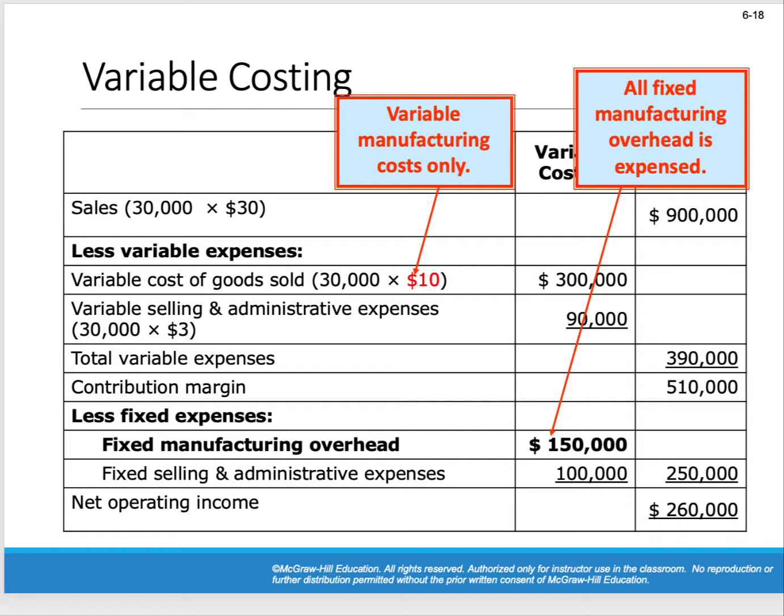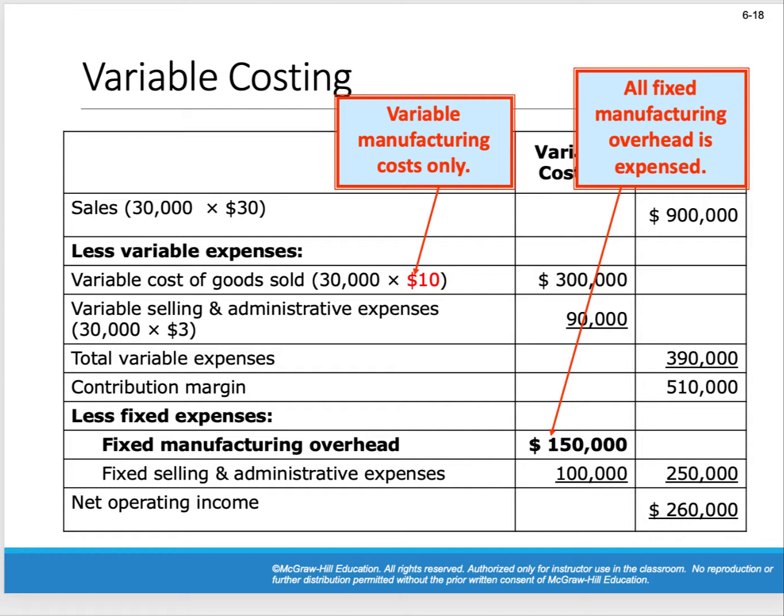We get 300,000. Now we're doing the contribution formatted income statement, so we have to include the variable selling and administrative expenses, which are 90,000. We end up with total variable expenses of 390,000. We subtract those total variable expenses from our sales. We get a contribution margin of $510,000.